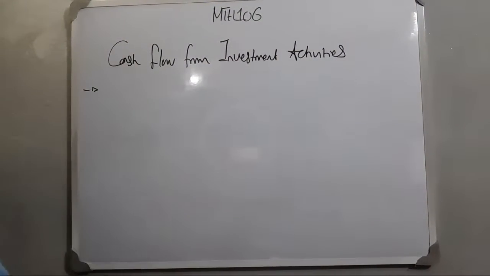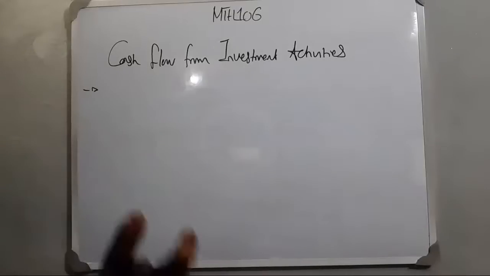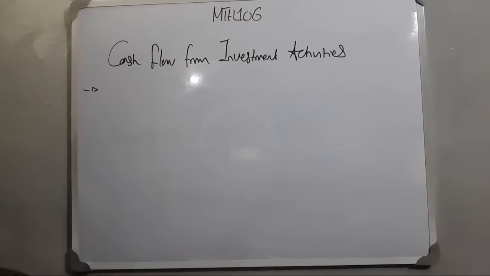An item on the cash flow statement belongs in the investment activity section if it results from any gains or losses from investments in what?